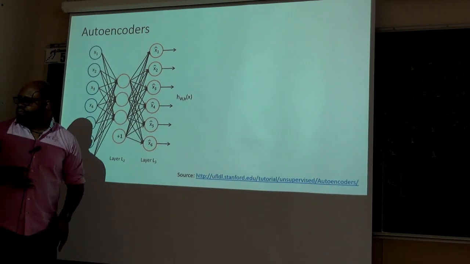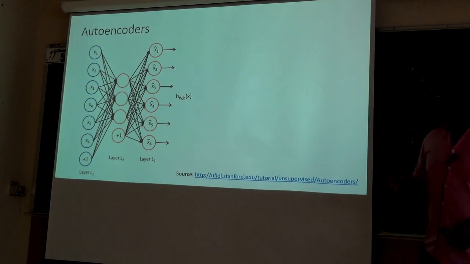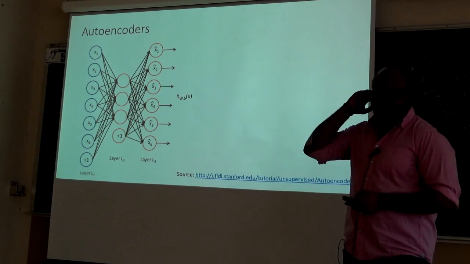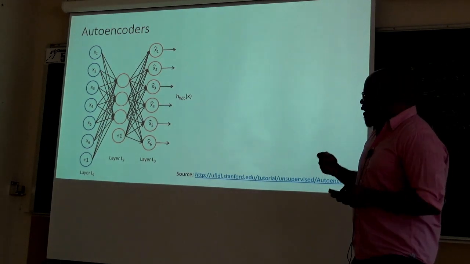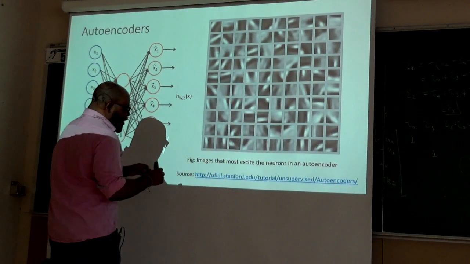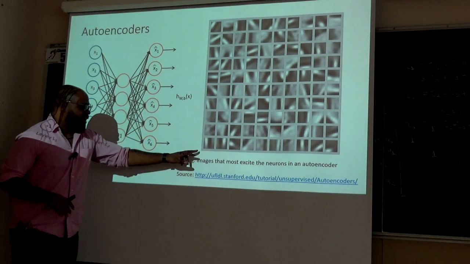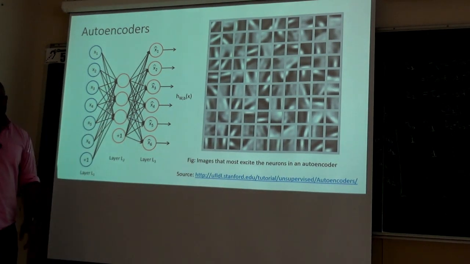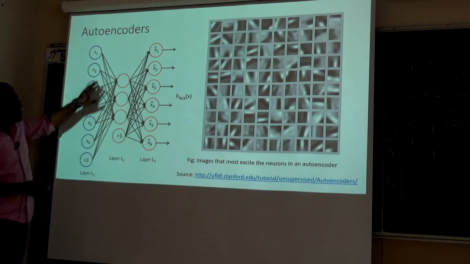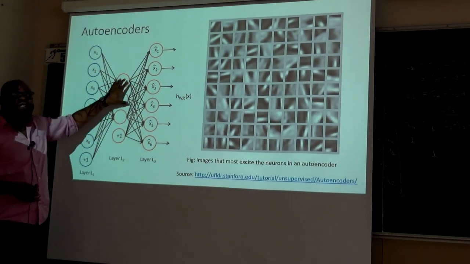Okay? So it turns out that if you train an autoencoder on image patches from natural scenes, say 10 by 10 image patches, you throw those through the network, so you're going to have 100 inputs here, 100 outputs here, and maybe 10 here in the middle.